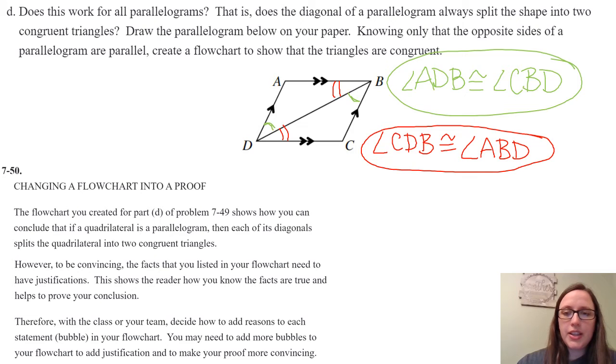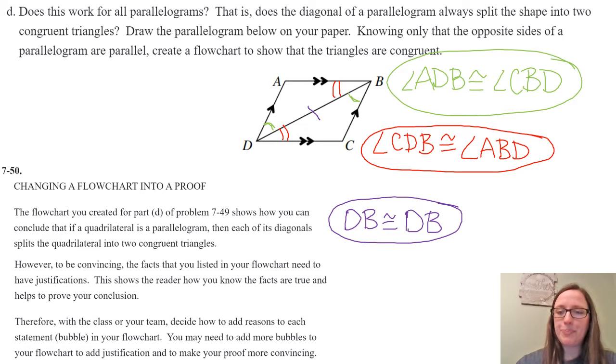All right, and then lastly, we have angle, angle, and now we need at least one side to prove that these two triangles are congruent. Hopefully you guessed it, this middle side, DB, is equal to itself on both triangles. So we can write that DB is congruent to itself, DB.